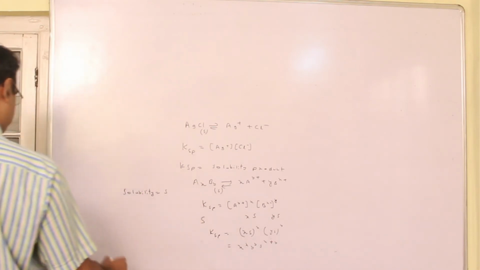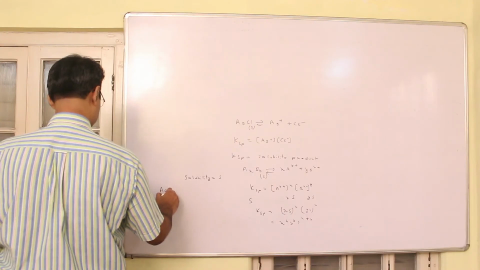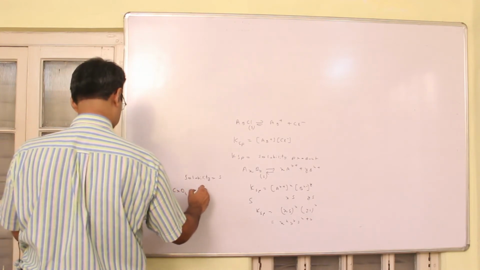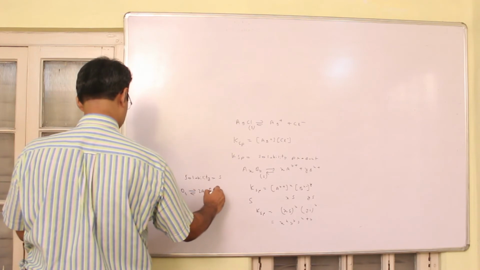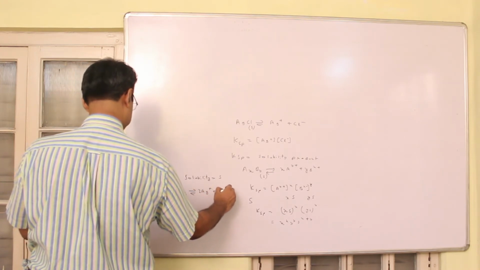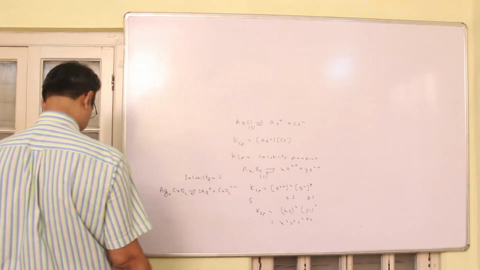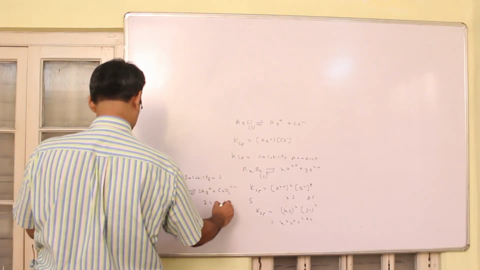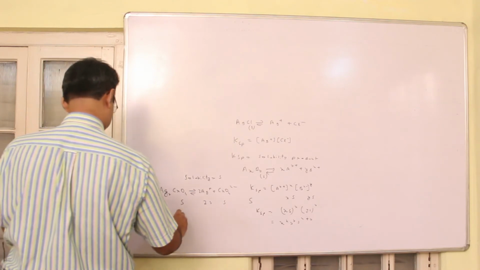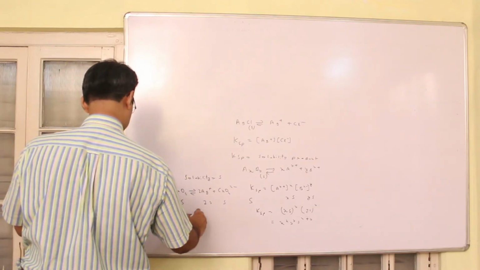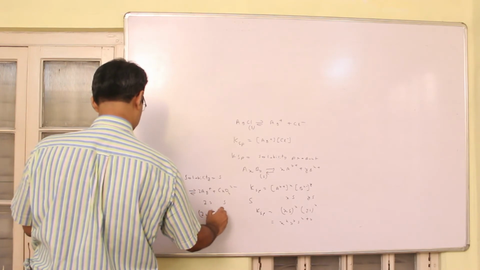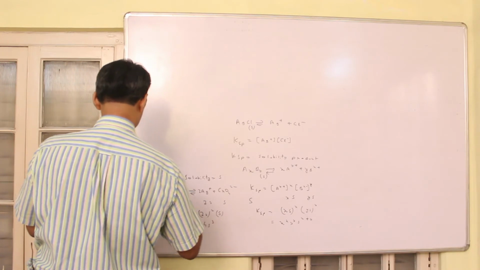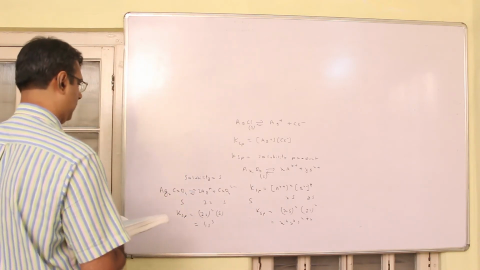Say, for example, suppose you are analyzing this reaction. In that case, the solubility product will be (2S) whole square into S, that is equal to 4S cube.